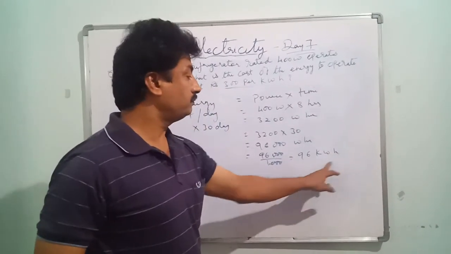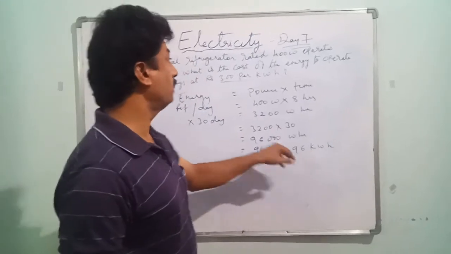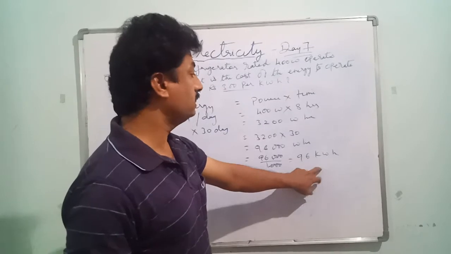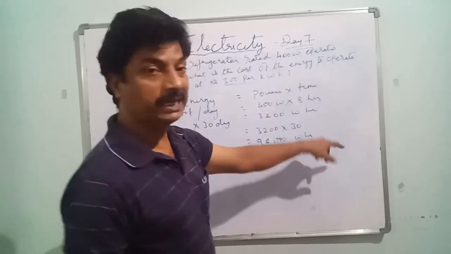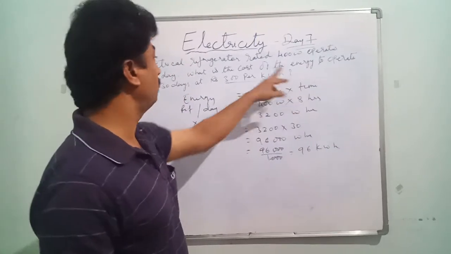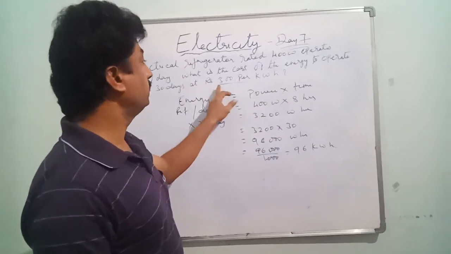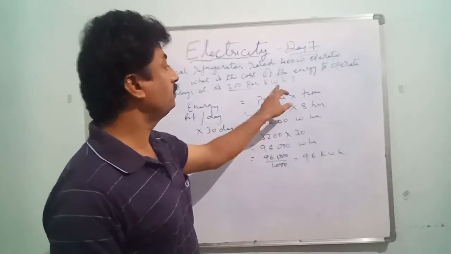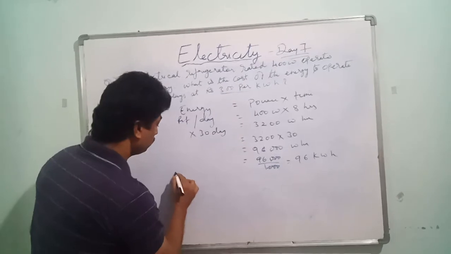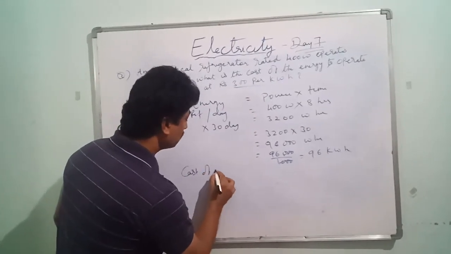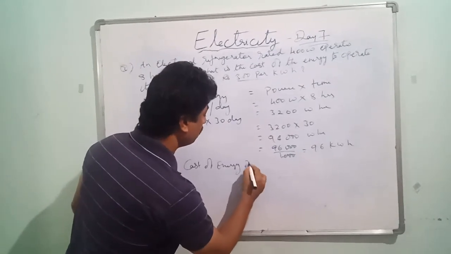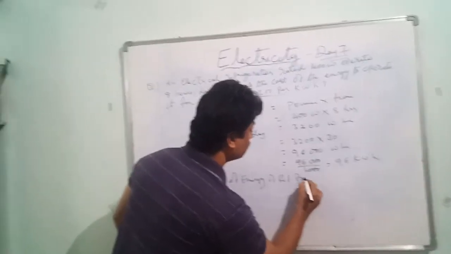Okay, now we got 96 kilowatt hours. What is being asked? The cost of the energy. The energy we got is 96 kilowatt hours for 30 days, and he has given 3 rupees per kilowatt hour. Now what we want is the cost of the energy of the refrigerator for 30 days.